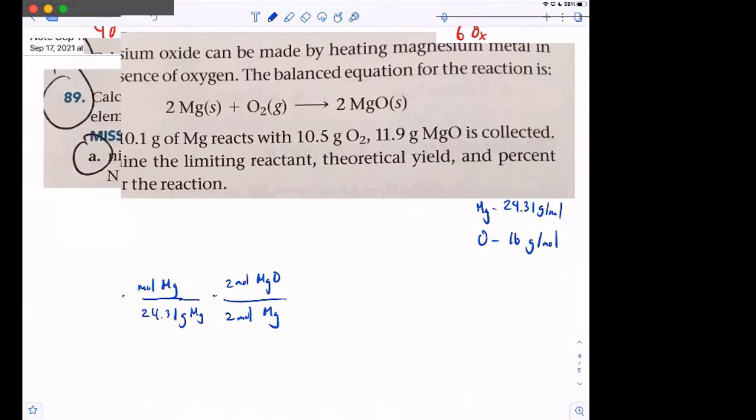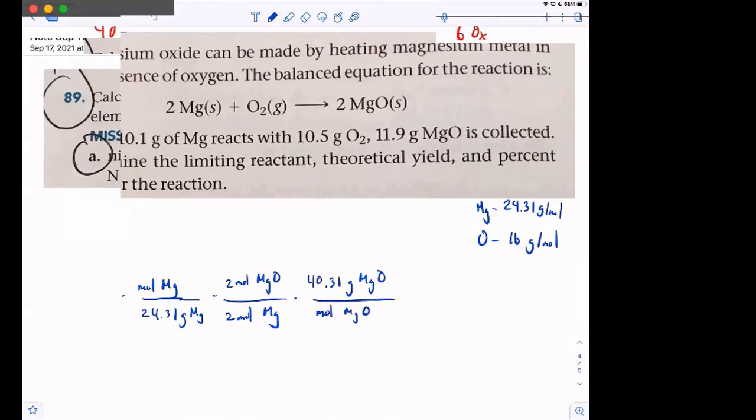I might even just write 1 mole magnesium oxide per mole of magnesium, but I'm trying to emphasize that it's balanced there. And then you look at magnesium oxide. So 24 plus 16, that's 40, right? 40.31.